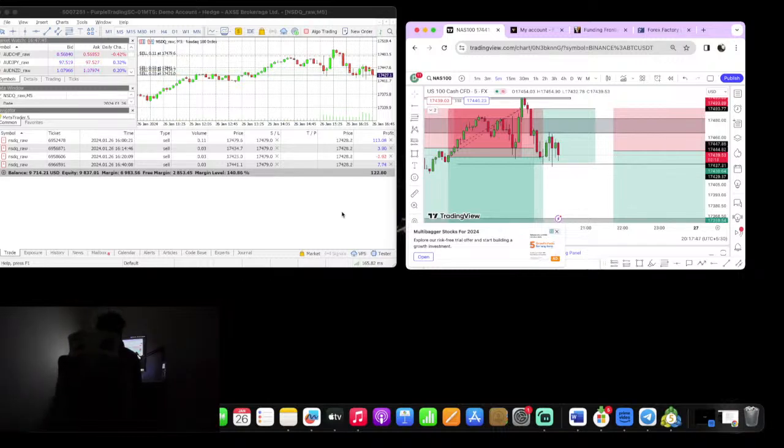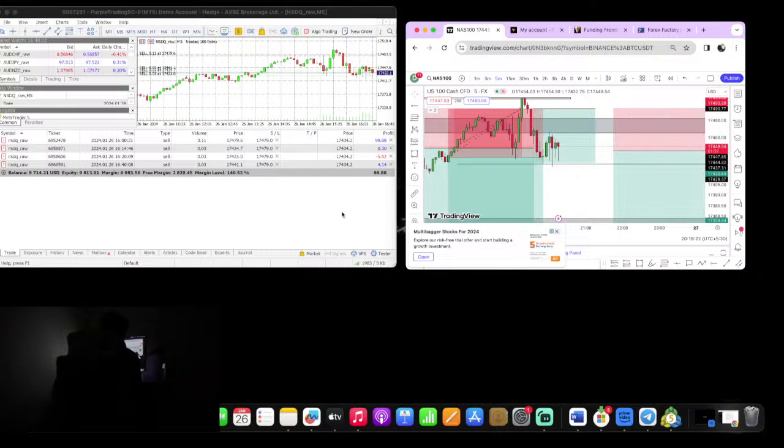Hope my screens are clear and visible to everyone. Although it is not a good idea to keep on looking at your profit and loss, as I want to show you people, that's why I have placed the screens on the side.